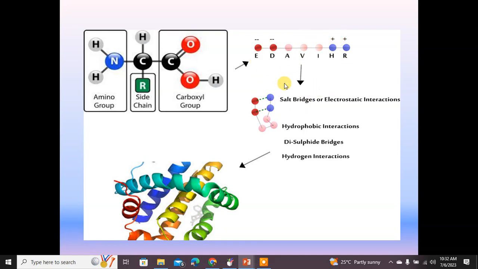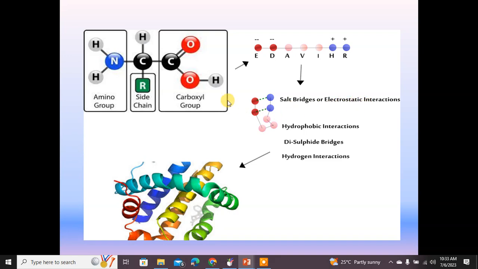Naturally they contain opposite charges, so they will be attracted. You can see here the primary sequence will fold in this way. The positive and negative will come close together and make a bond. This bond we call a salt bridge or electrostatic interaction.